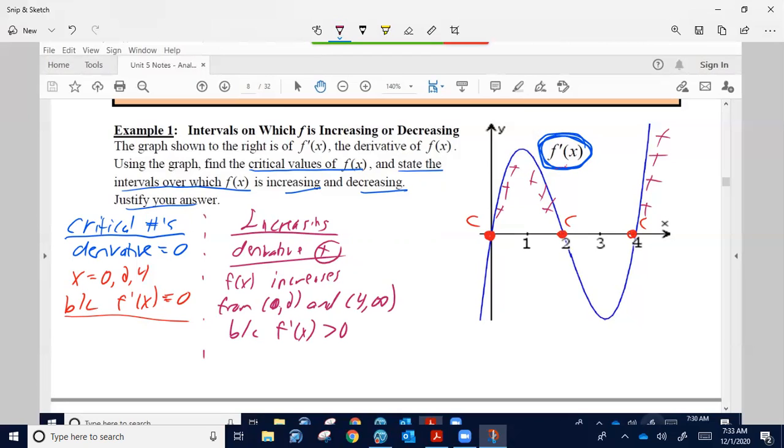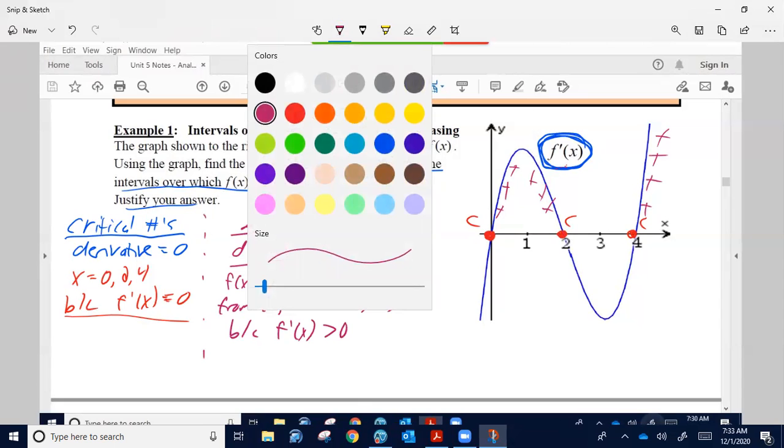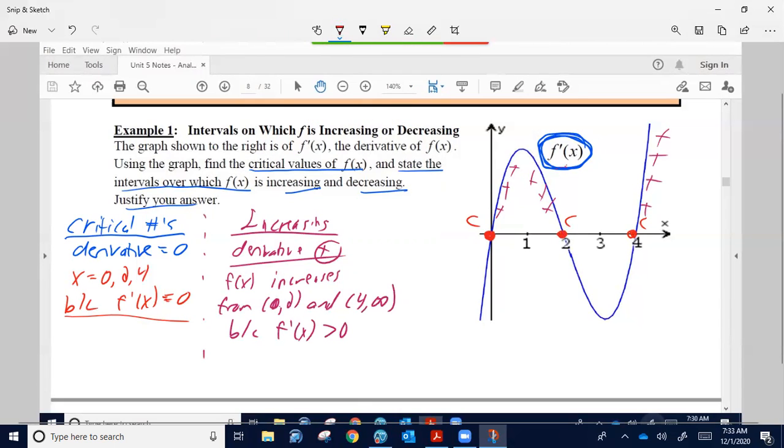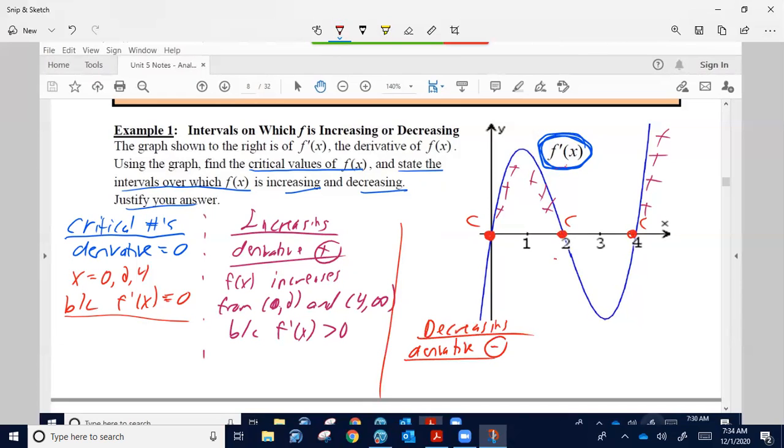And then decreasing, well, that means the derivative is a negative number. Well, we have negatives between 2 and 4, and from negative infinity to 0, over here on the left side. All of that's negative, and we're going to assume that goes on forever there.